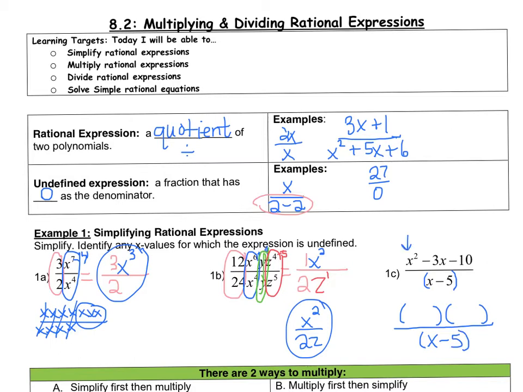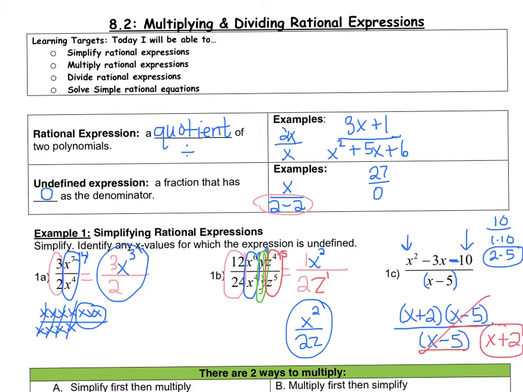So I know in order to get x squared, I need to multiply x times x. And now I need to think of the factors of 10 that subtract to get -3. It looks like 2 and 5 will do the trick. The 2 needs to be positive and the 5 needs to be negative. So now that I factored the top, guess what happens? This x minus 5 and that x minus 5 cancel out, and your final answer is x plus 2.